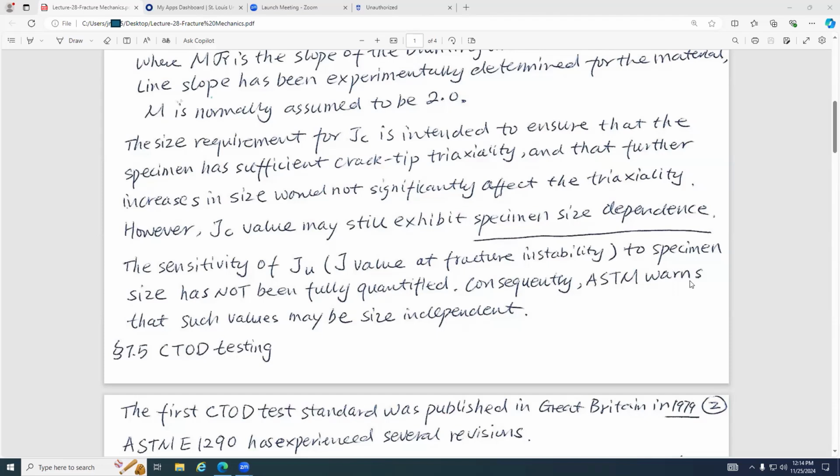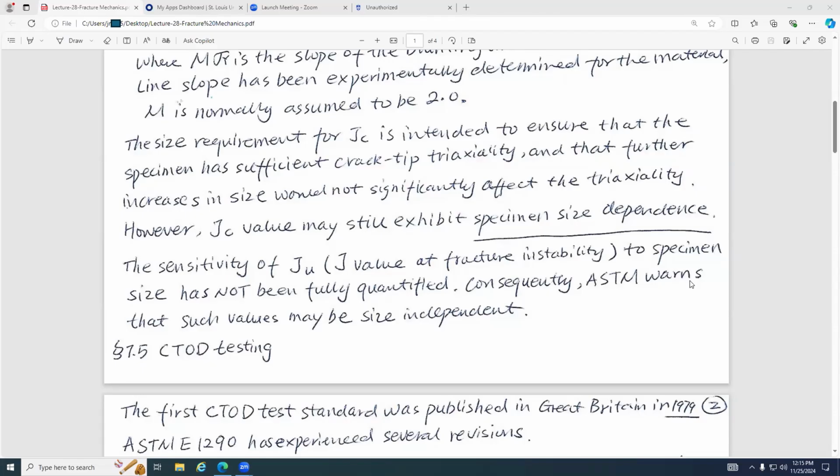It's not perfect. And for the unstable fracture, this is J. We calculate this J, but sometimes this J value is specimen size dependent. If this is the case, you need to be very, very careful.